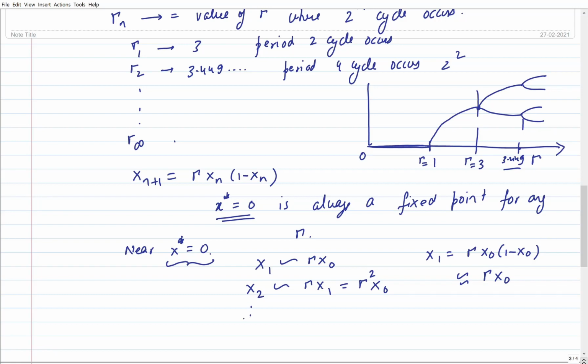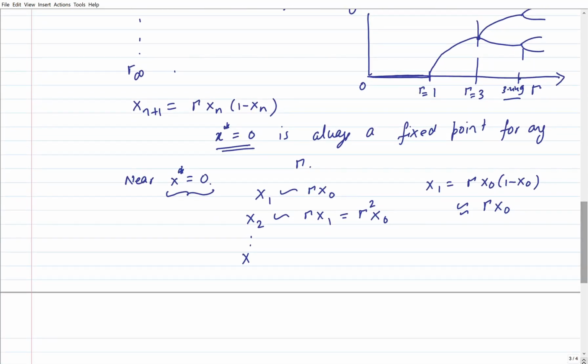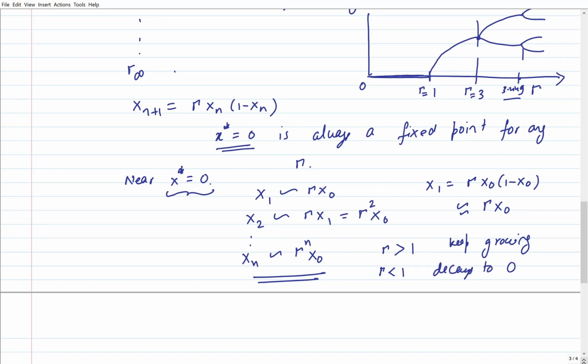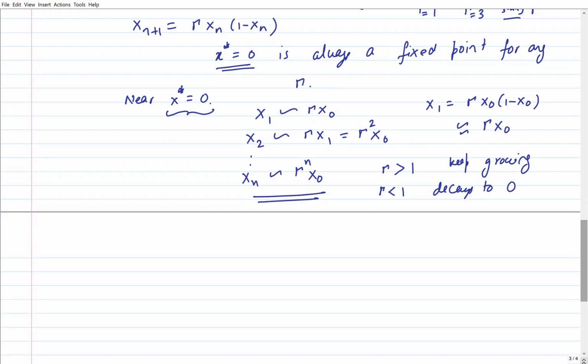So going like this, I get x_n is r to the power of n times x0, and you can see this, depending upon r greater than 1, keeps growing exponentially, and r less than 1 decays to 0. Therefore, for r less than 1, this fixed point is stable.